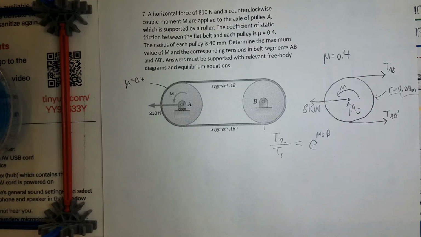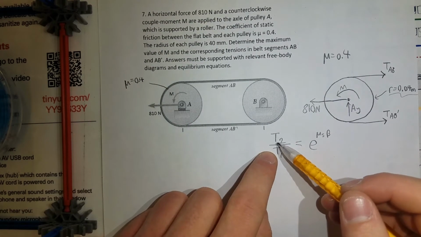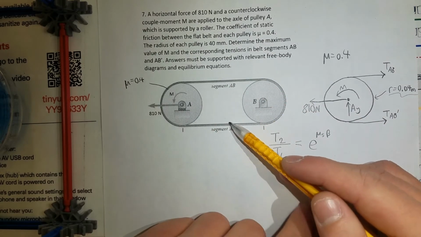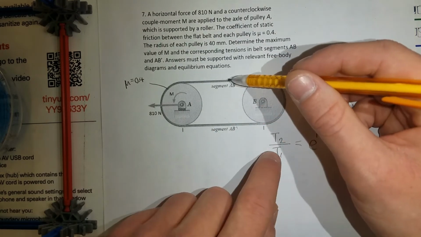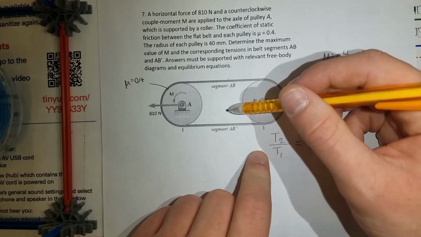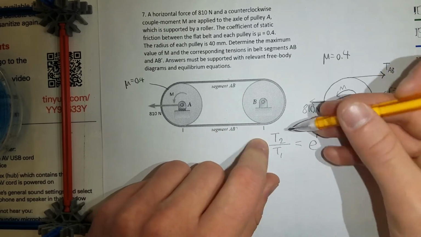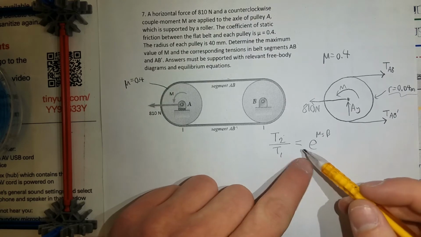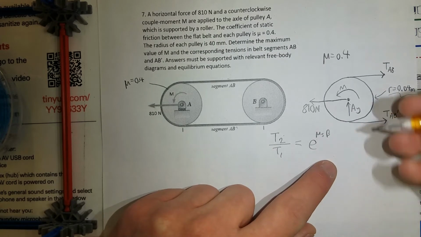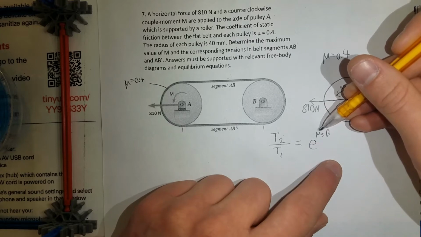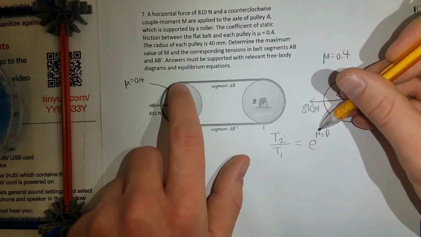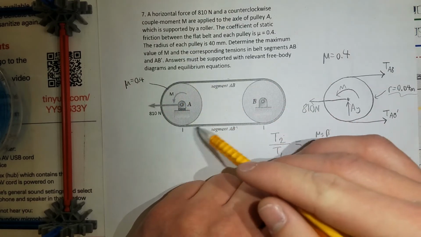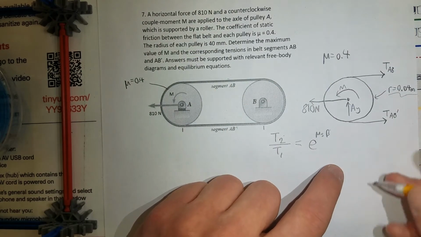Basically what that's saying is that if there's friction in the pulley, one of these tension forces is going to be bigger than the other. So the bigger tension force divided by the smaller tension force is equal to e to the, and this value here is the static friction of the belt and the pulley, and this is the angle that the belt is on the pulley. So these are some unknowns.